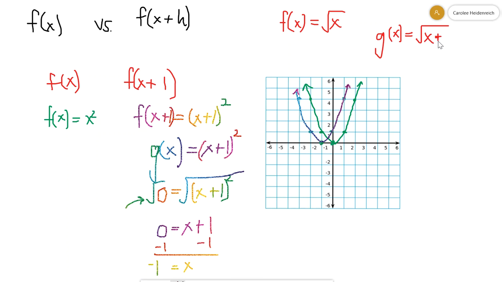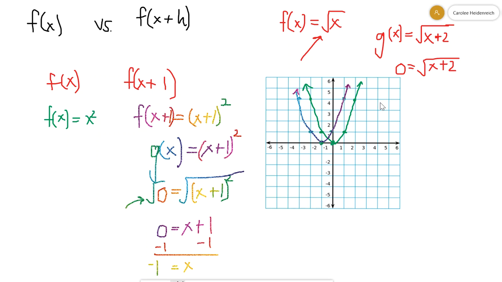Maybe even make it a plus 2 and see what happens, and do it in this same way. Graph your square root function, make a table if you need to, and then set this function equal to 0 and find out, where did that beginning point go? Which way did it move, left or right? How much did it move?